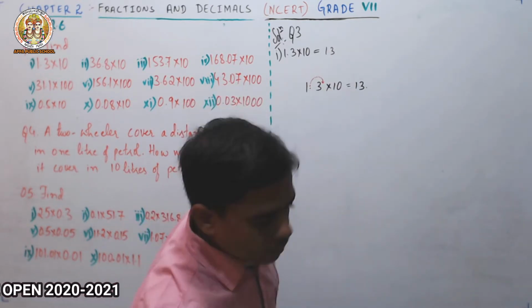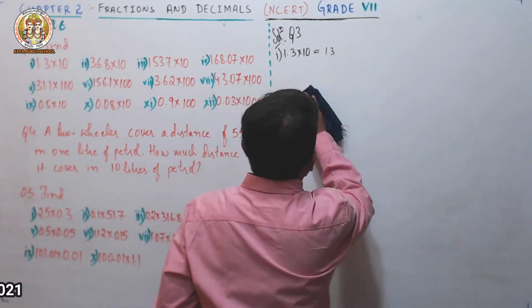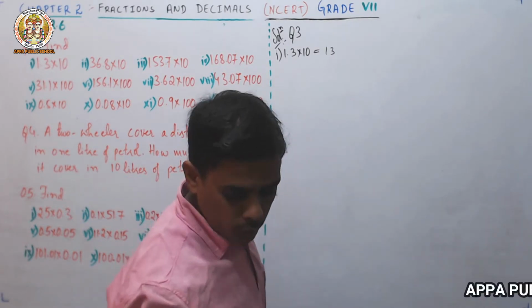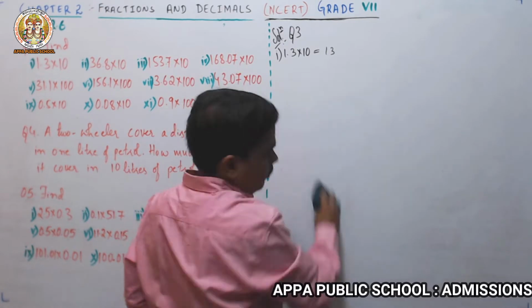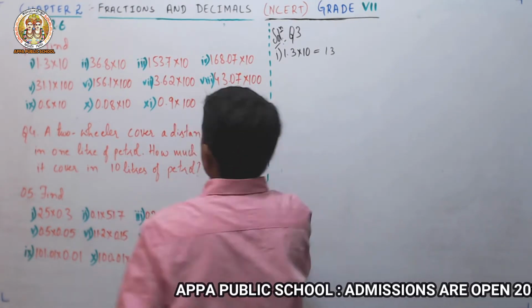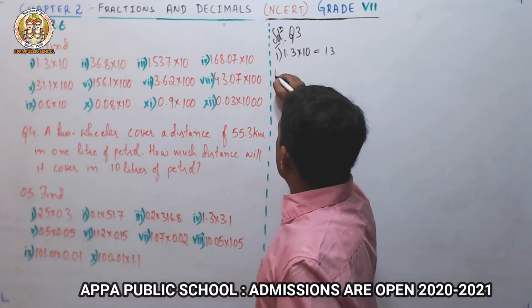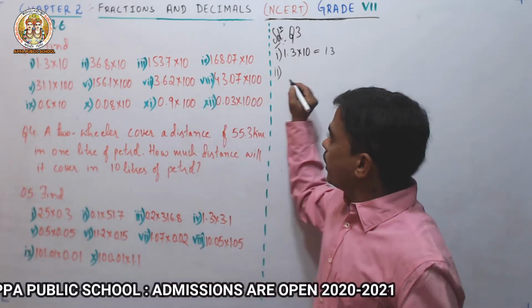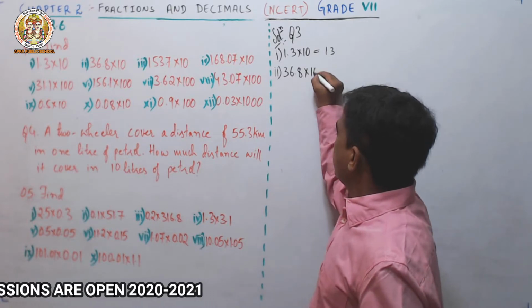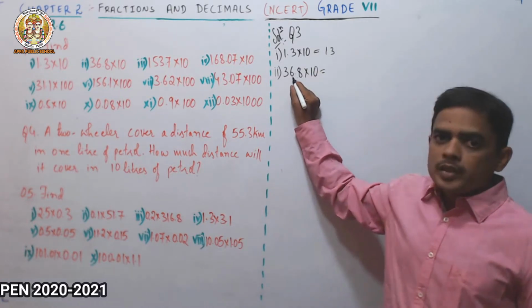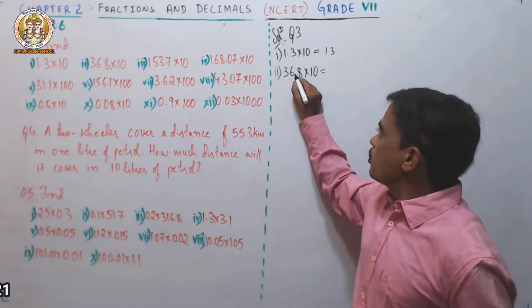That's it. Next one. What is the next question? The second one is 36.8 into 10. Here also, where is the decimal point? How many numbers are there after the decimal point? Only one number is there.